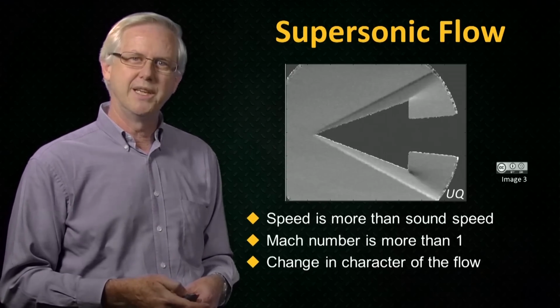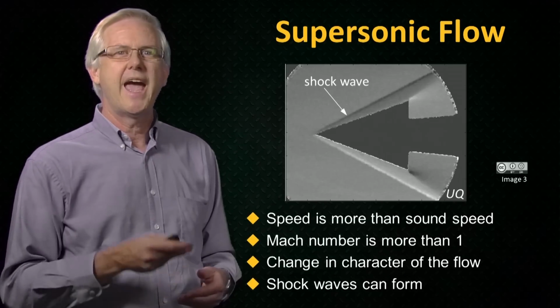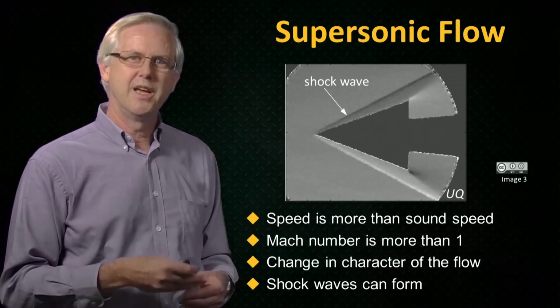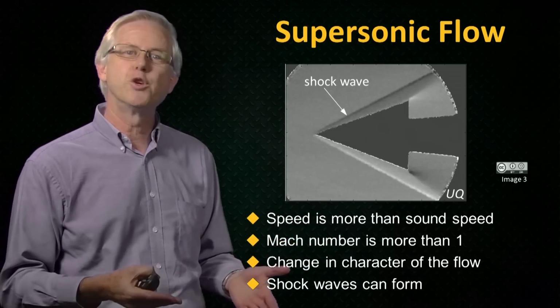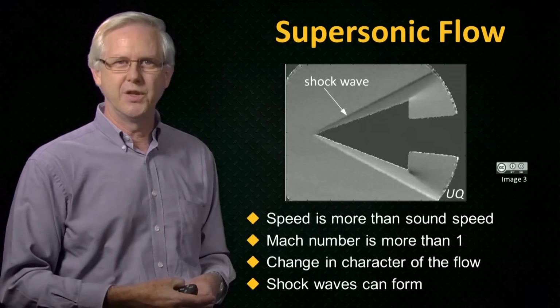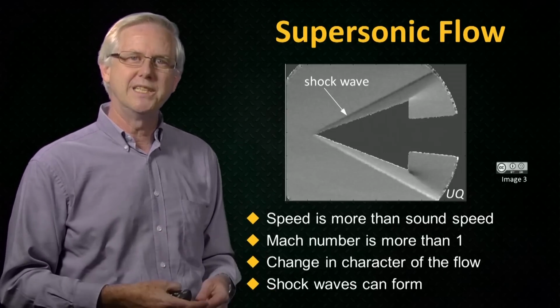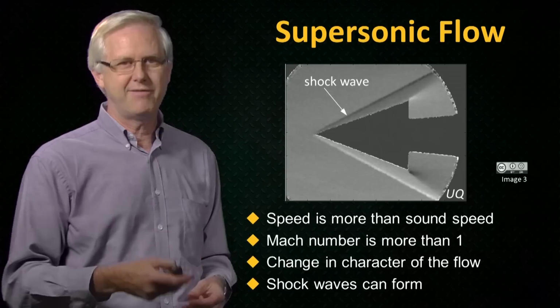Vince Wheatley will go into this in more detail in section 2 of the course. And it's in supersonic flows that we find shock waves. The dark line in this image is a visualisation of a shock wave. We'll look at those in this section soon, and we'll go into more detail about shock waves in section 3 of the course. But you'll have to wait for that.